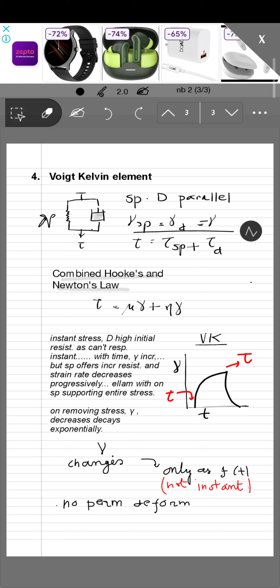The strain that has been applied due to this amount of stress is the same, and the stress is actually an addition of the stress on the spring part and the dashpot part. Now, if you write the combined Hooke's law and Newton's law, so this is your Hooke's law and this is your Newton's law. This is how they can be represented.